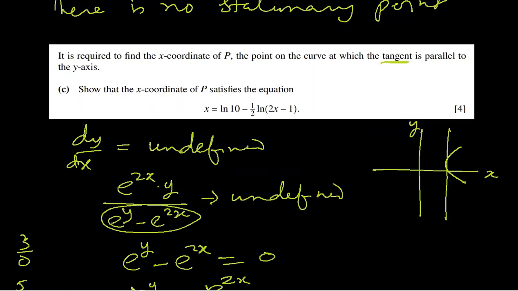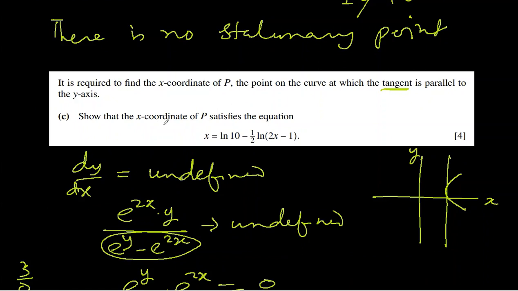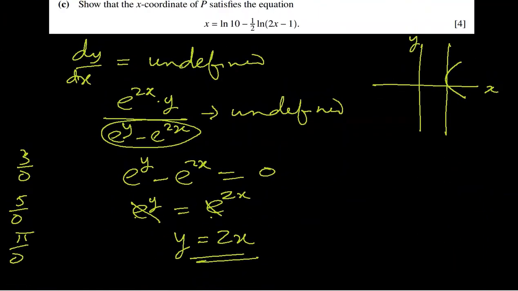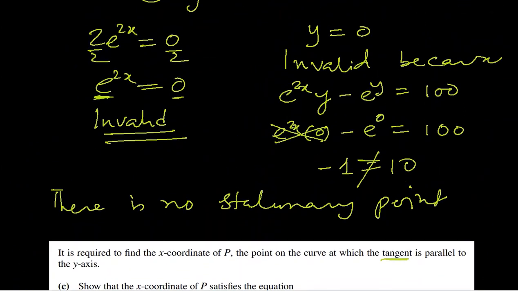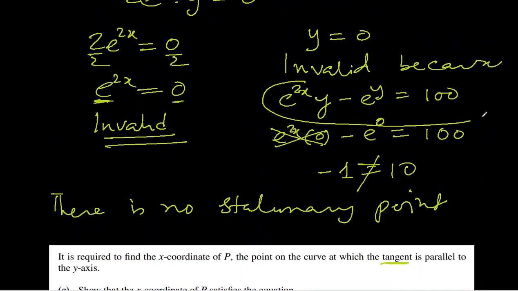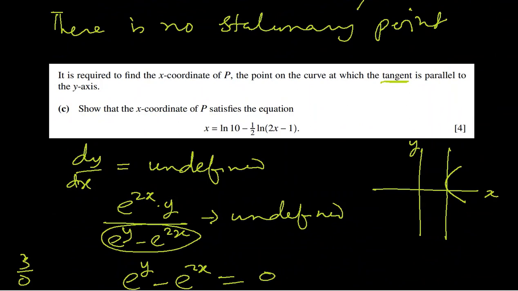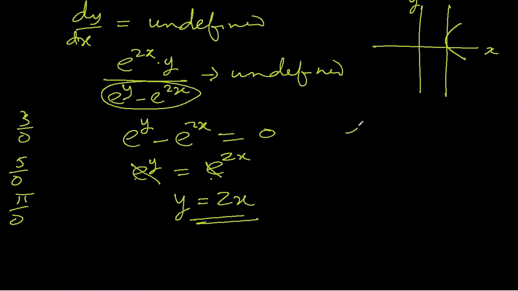Now, what is the question? Show that the x coordinate of P satisfies this equation. All right, so the x coordinate of P. So y equals 2x, and our main equation was this one, isn't it? So let's put it there. e to the power 2xy minus e to the power y equals 100.